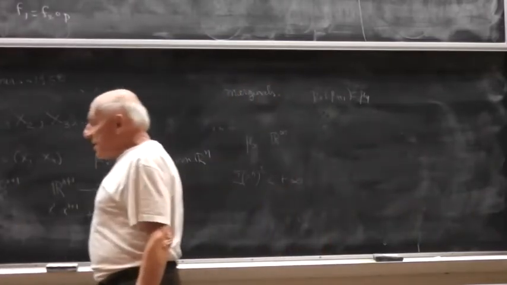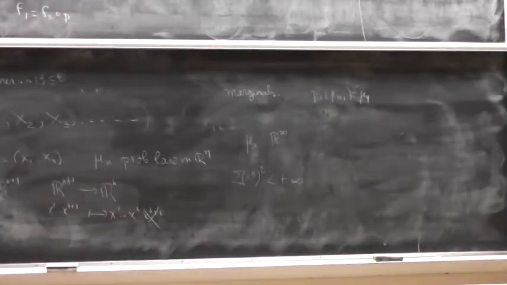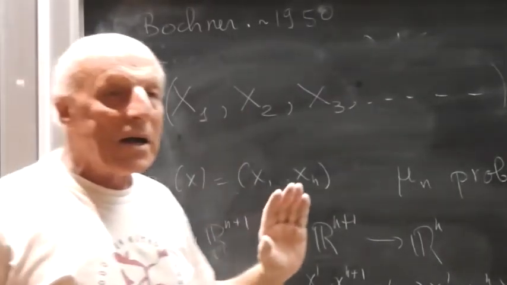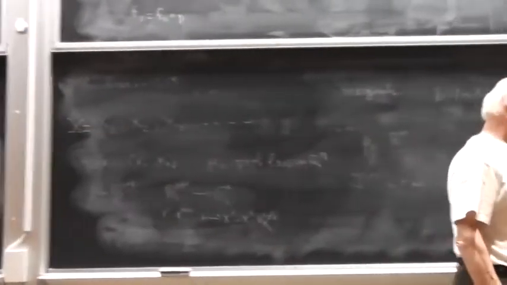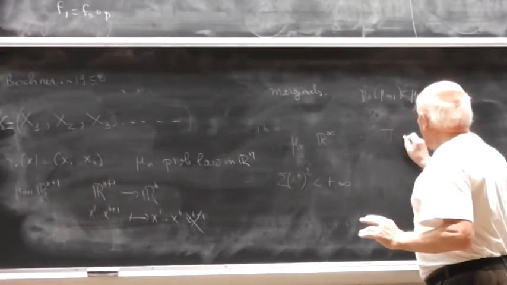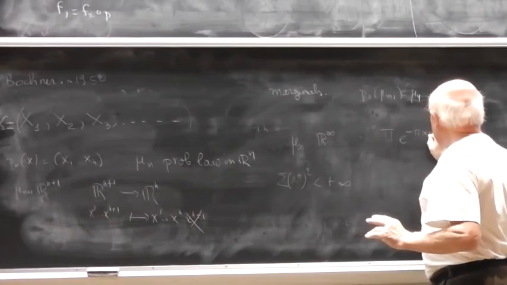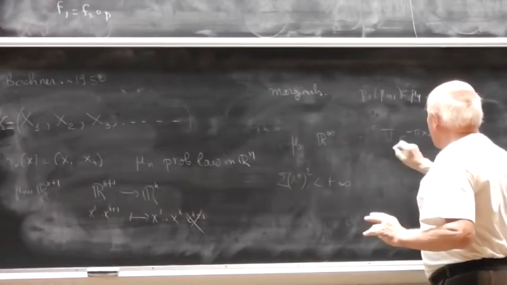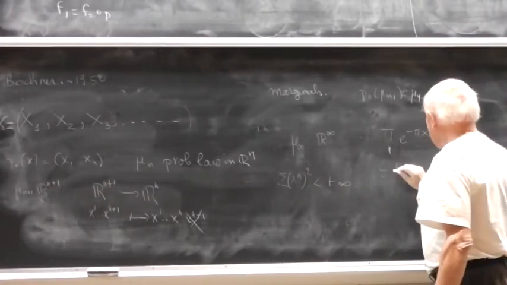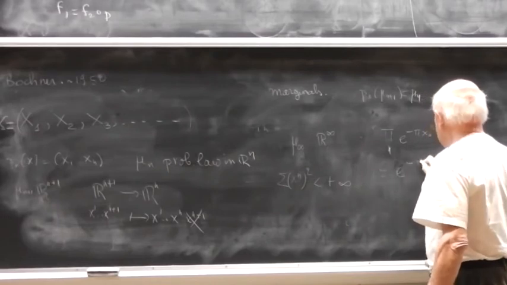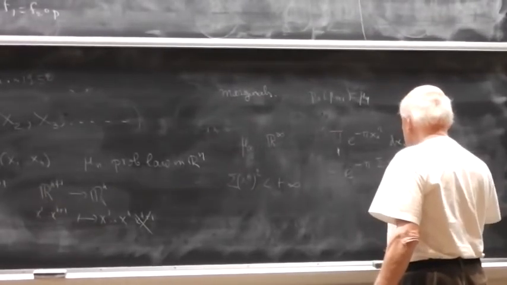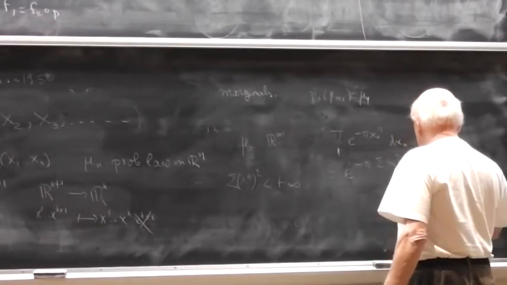And you can prove that if all the mu n are Gaussian, and all the variables x1, x2, x3 are Gaussian independent with the same law, that means formally you have the product of e to the minus pi i xn squared dxn, product over n. So you are tempted to say, well, it's simply e to the pi i sum of xn squared d infinity x, where d infinity x is a product of the dxn.